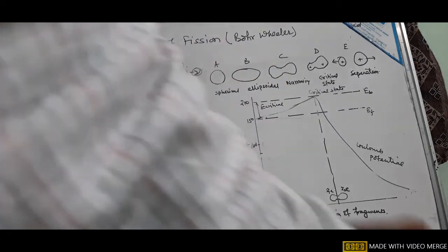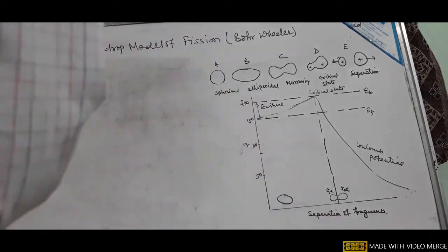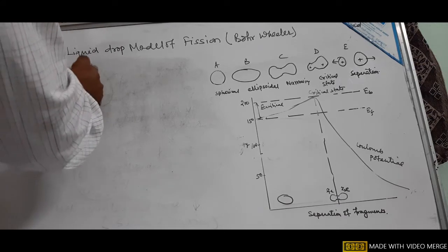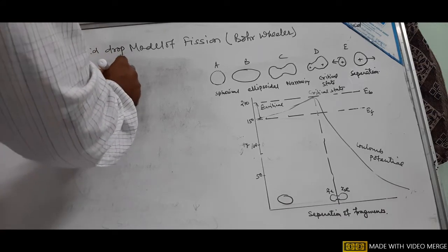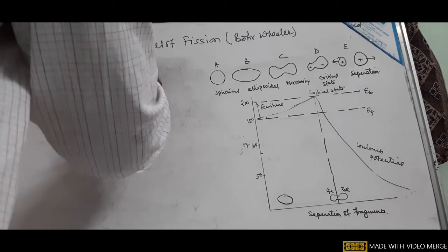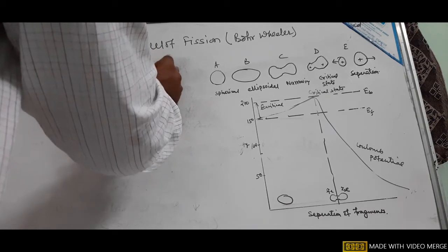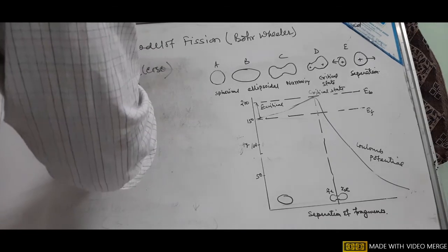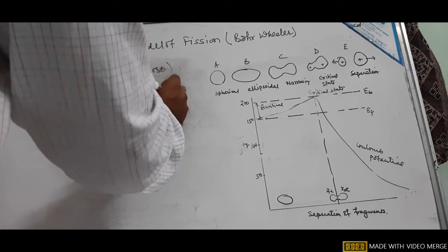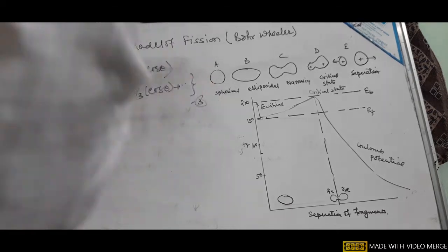So r(theta) can be written as r0 times 1 plus, since b0 is 0 and b1 is 0, b2 P2 cos theta plus b3 P3 cos theta, and so on. This is equation 3.